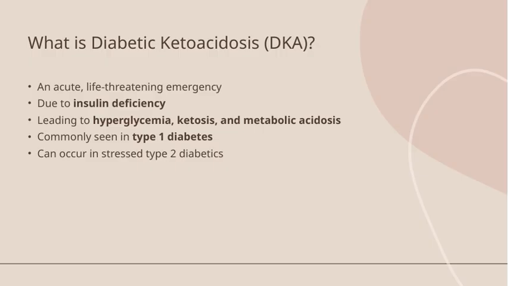However, it can also occur in stressed situations for people with type 2 diabetes, such as severe infections or other illnesses. Understanding DKA is crucial because it exemplifies how insulin deficiency can lead to severe metabolic disturbances, which ties into the overall importance of proper diabetes management and early recognition of complications.